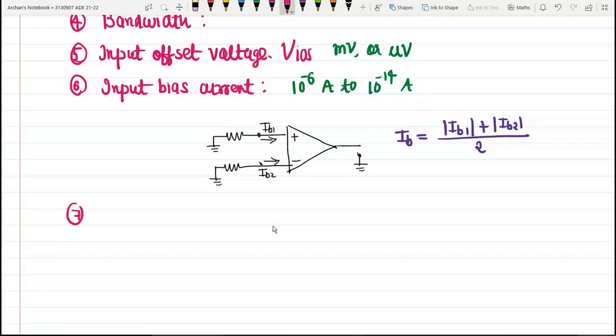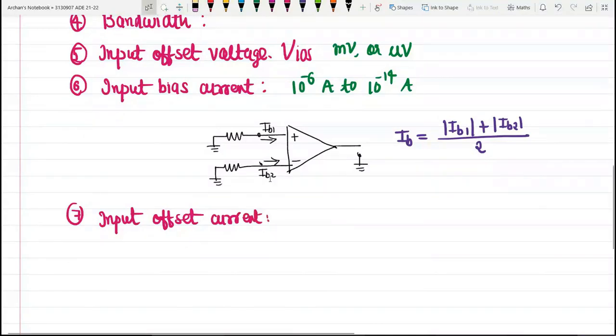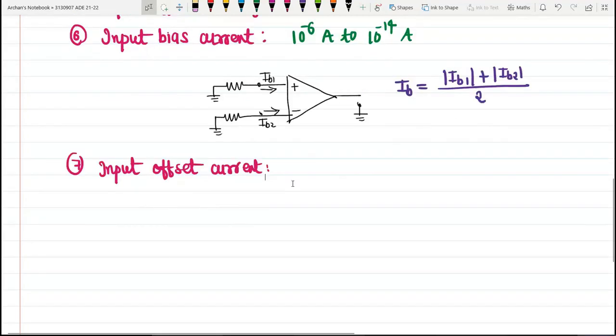Then let us talk about input offset current. Okay. Now we have these two currents, IB1 and IB2. Okay. So the difference in the magnitudes of IB1 and IB2 generally is called input offset current. Okay. And this input offset current is denoted by IIOS. Okay.